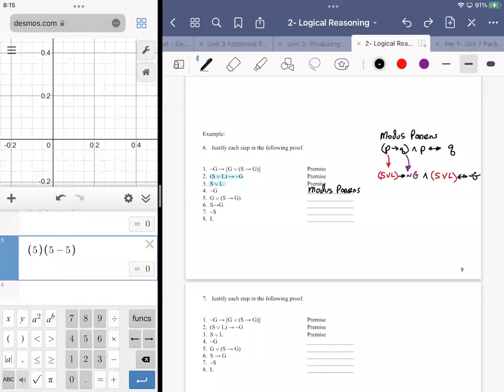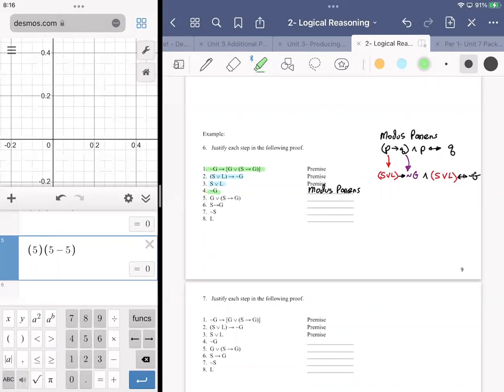Now, we have a standalone not G. If you compare that with the first premise, you see it's the same structure, right? It's still affirming, because I have a not G implies all this other stuff, and I'm now confirming that the not G is a true statement.